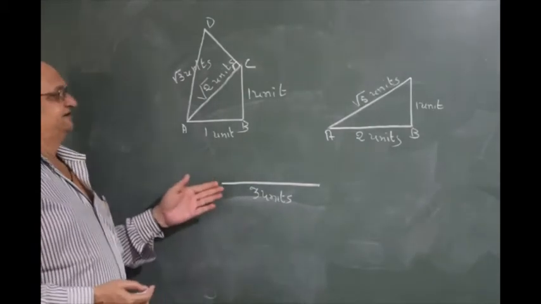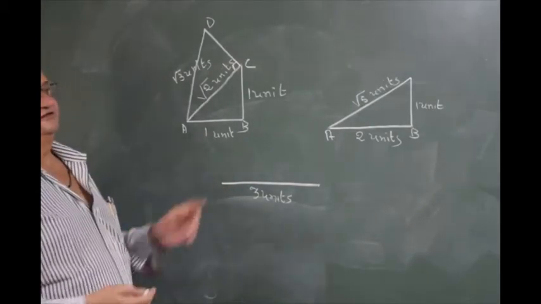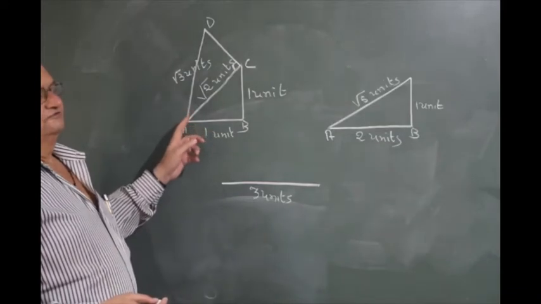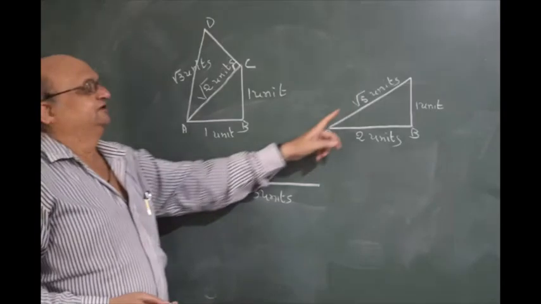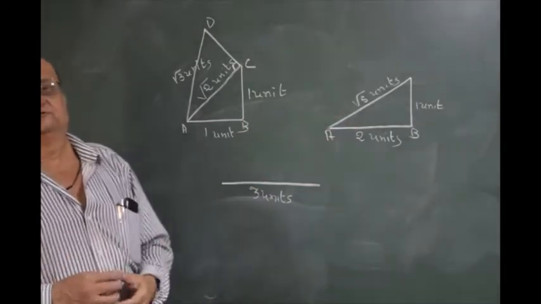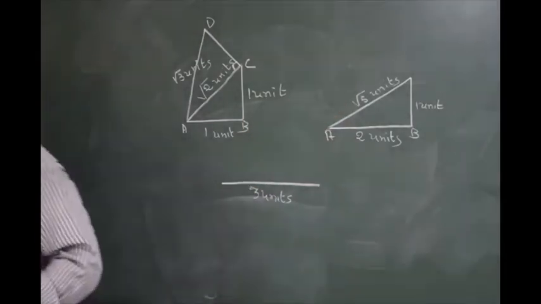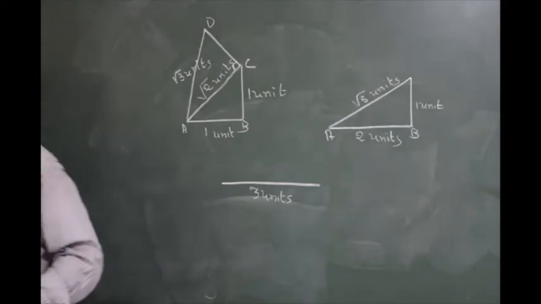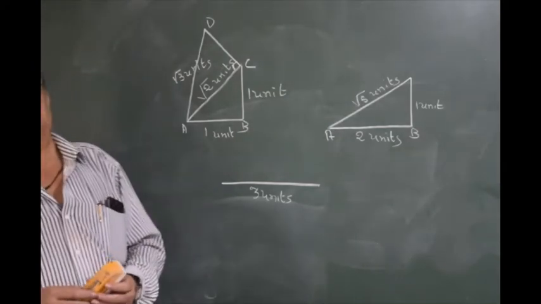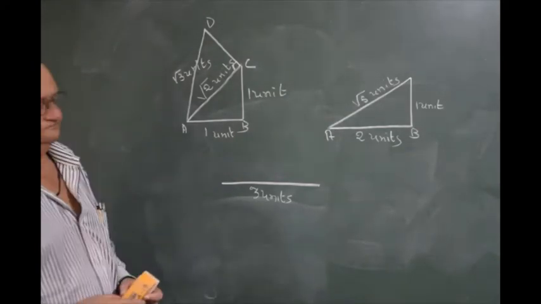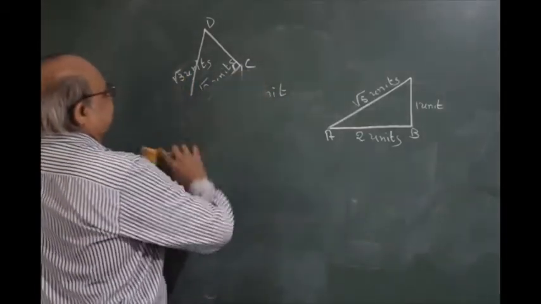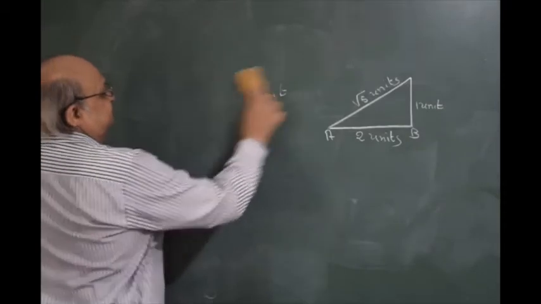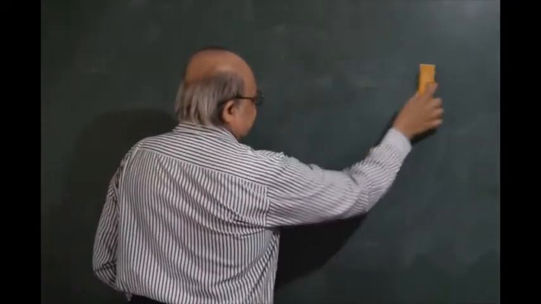Why am I telling you to draw the length of a line segment equal to root 2 or root 3 or root 5 or whatever root you want? Because many a times in the construction question during the year, you might be required to draw a line segment having these units.